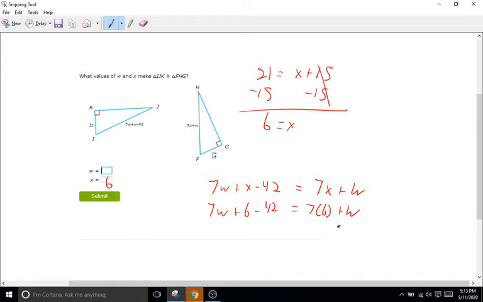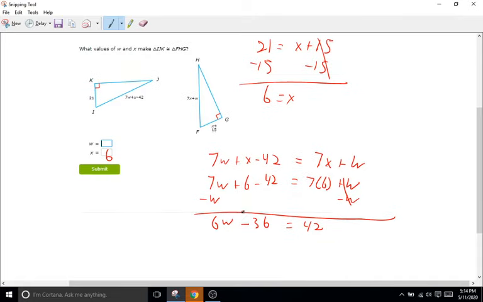I'm going to subtract the w from both sides and combine those. So we'll do 7w minus w is 6w. 6 minus 42 is going to be minus 36. And that's going to equal 7 times 6 is 42. And then those already canceled out. So this is what we're left with.